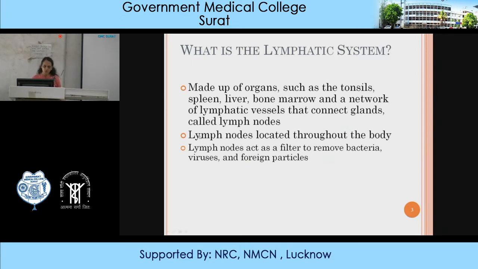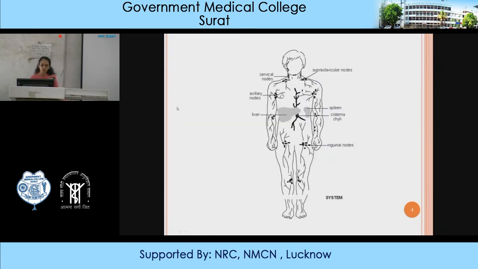Lymph nodes are located throughout the body and they act as a filter to remove bacteria, virus and foreign particles. That means any insult to the body, lymph nodes will recognize them and try to kill them. Some important groups of lymph nodes are cervical, axillary, inguinal.